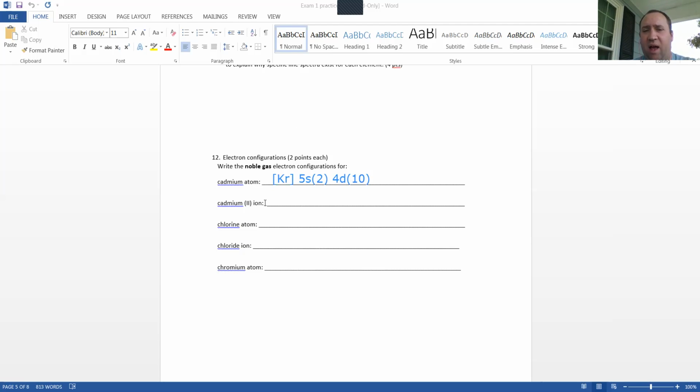Now for the cadmium ion, what does that 2 in parentheses mean? It's plus 2. So should I add 2 electrons to the end, or do I need to take 2 electrons away?